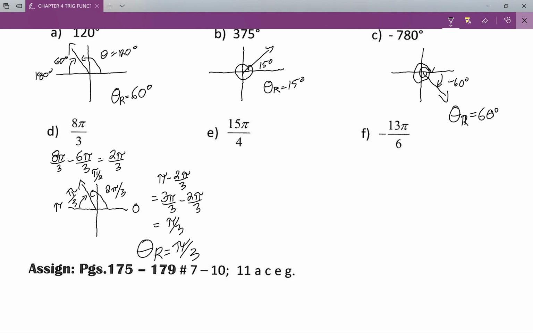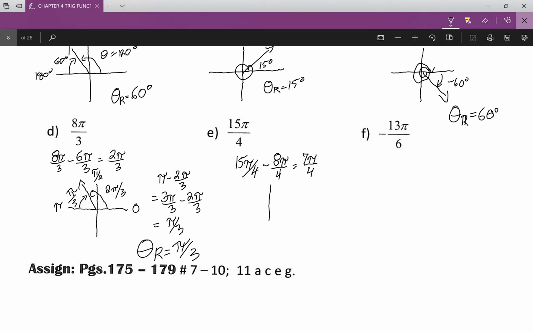15 pi by 4, again I enact the same process. I go 15 pi by 4, and I subtract the 8 pi by 4, which would be the 2 pi, and that would give me 7 pi by 4. So then, zero, pi by 2, pi, 3 pi by 2, and 2 pi.